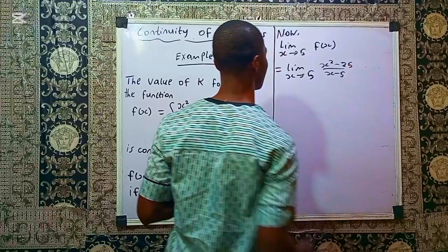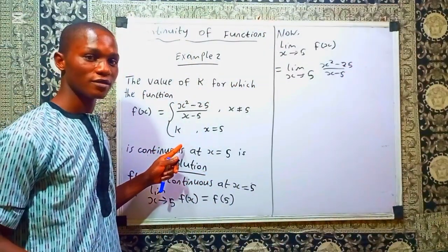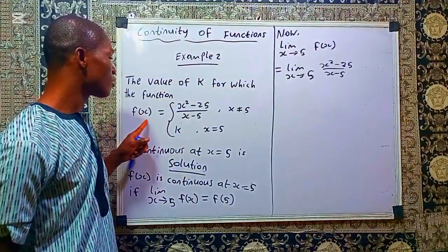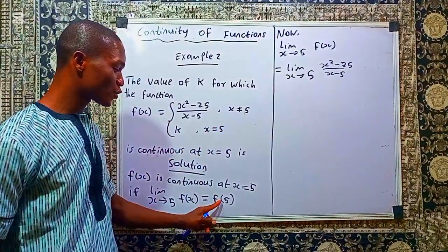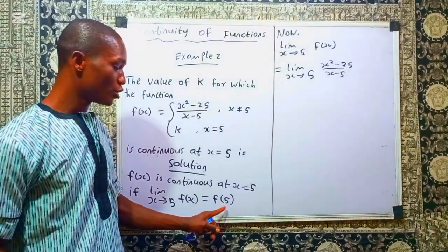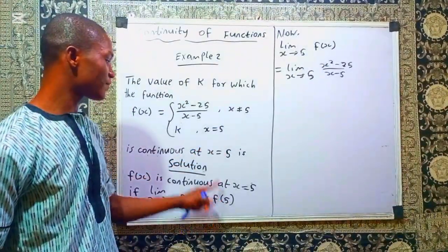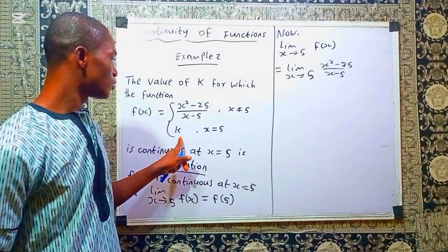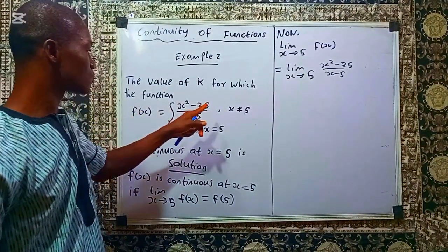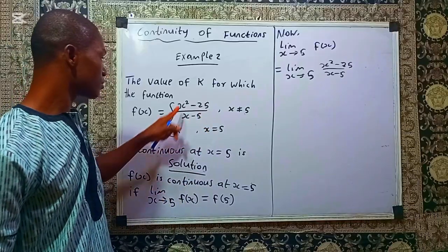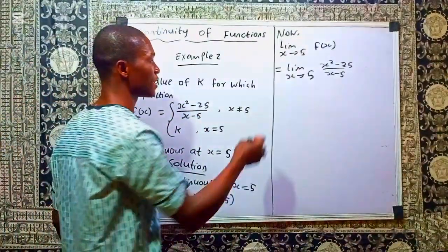Remember the second value of the function is k, when x is 5, and this gives us f at 5. So the value of the function when x is 5, that's f at 5, is k. We are now evaluating the limit of this function as x goes to 5.